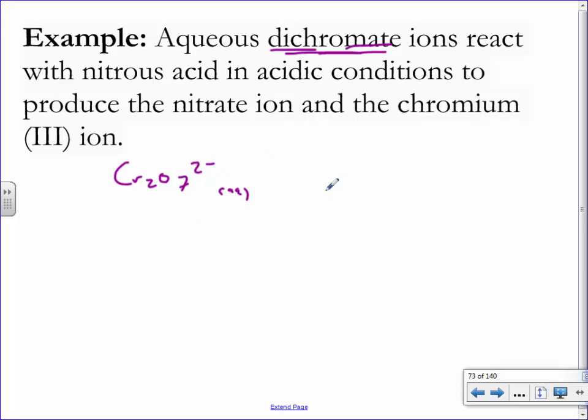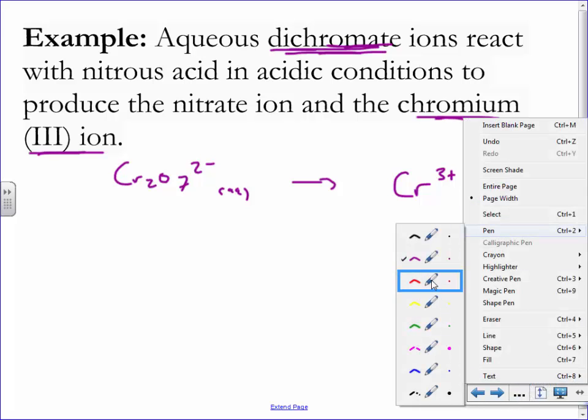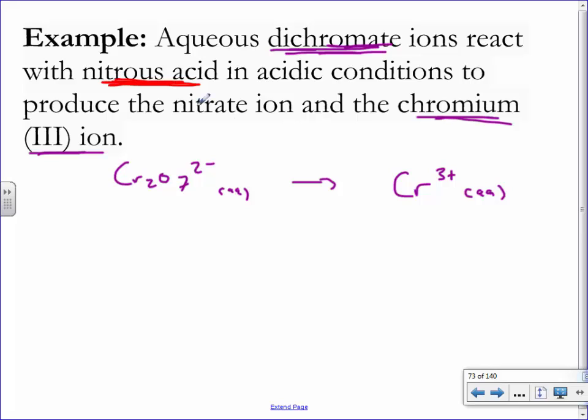And it said that dichromate is eventually going to turn into the chromium 3 ion. So I'm going to use purple to help keep this together. So I know kind of the basics of it. It's going to turn into the chromium 3 ion. I'm going to use another color here. It also says that nitrous acid, so that was the HNO2, it says that it's going to turn into the nitrate ion, which is an NO3 negative.